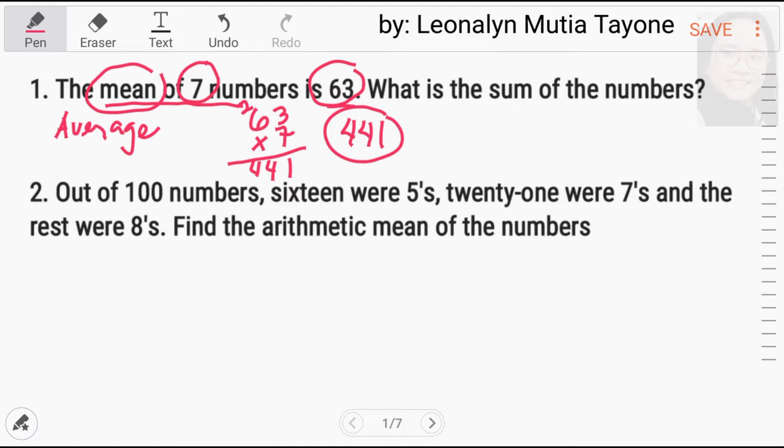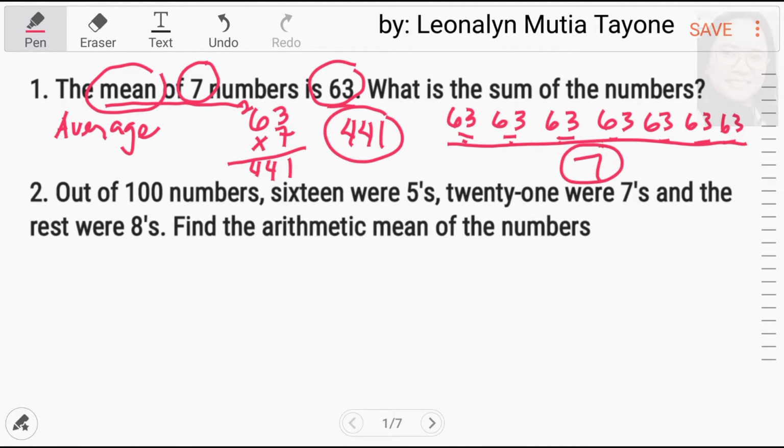For those who didn't get why the answer is 441 and why we just multiply 63 by 7: when we say the average of 7 numbers, the average of these 7 numbers is 63. That means 63 seven times: 1, 2, 3, 4, 5, 6, 7. If you add these seven 63s and divide by 7, the answer is of course 63. If we reverse it, 63 times 7 is the total of these seven numbers. So, what is the sum of the numbers?